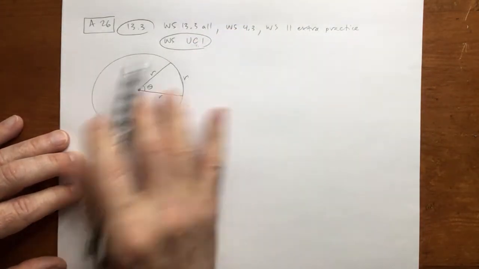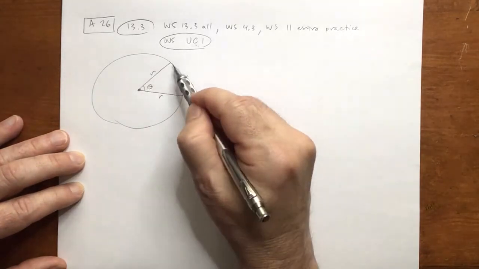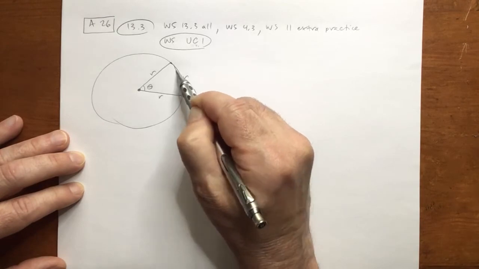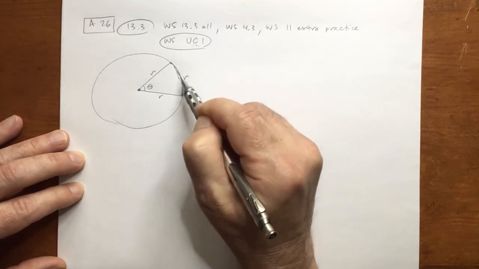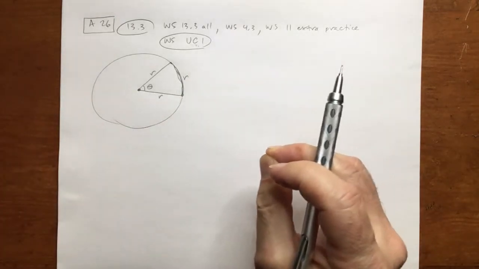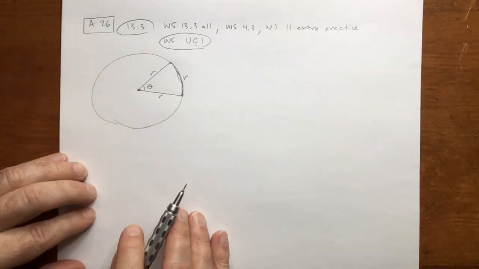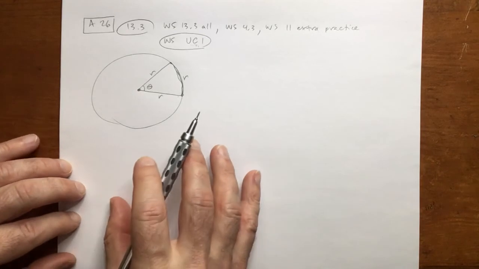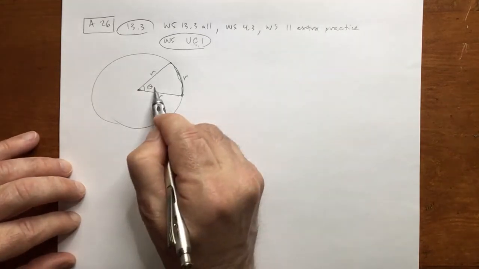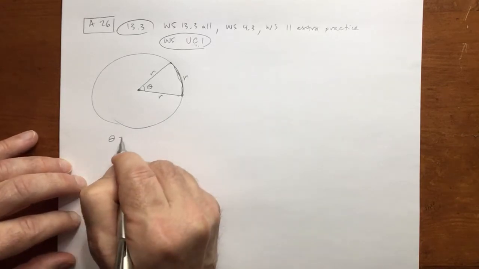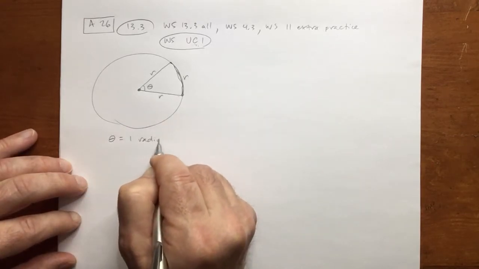This is not a triangle, so you wouldn't think this is an equilateral triangle. But if you took a piece of string and laid it on the circle right there, stretched it out, it would measure exactly the same as that radius. If that ever happens, then this angle right here is exactly equal to 1 radian.